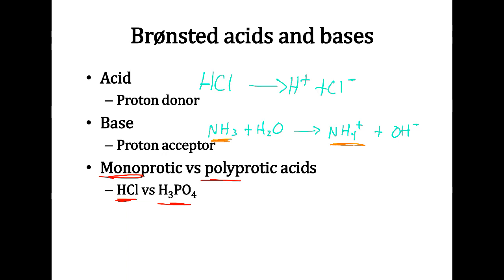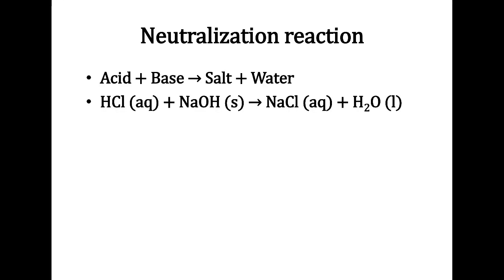Let's look at an example of an acid and a base reaction, and we'll call this a neutralization reaction. For this particular reaction, we have an acid plus a base, and it yields a salt and water. So here we have the strong acid, hydrochloric acid, plus the strong base, sodium hydroxide.